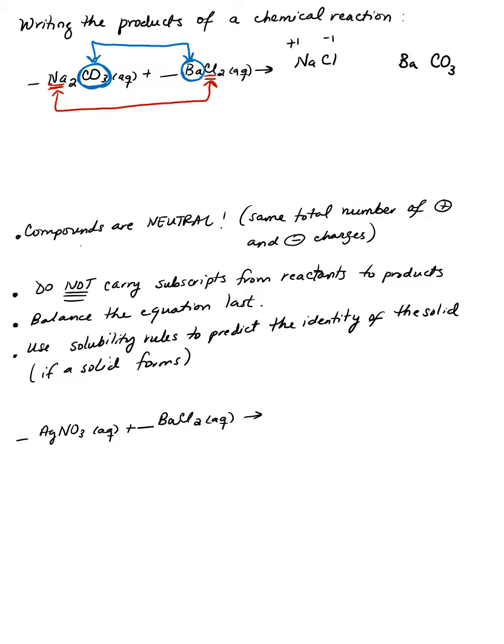Same charge, it means that you don't need any subscripts in the formula. Subscripts are required when the number of charges is different. When you have +2 with -3, or +3 with -2, or +2 with -1. When the charge of the ions are different, then you need to use subscripts to cancel out your charges. Since Na is +1 and Cl is -1, you don't need any subscripts and you don't need those charges there either.